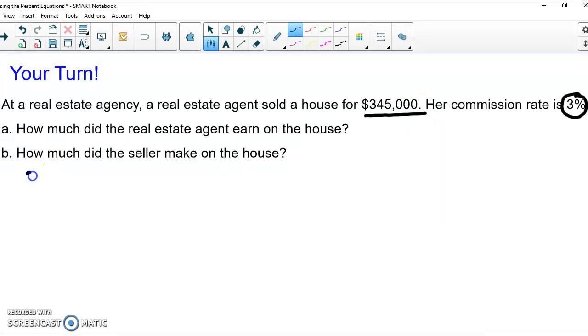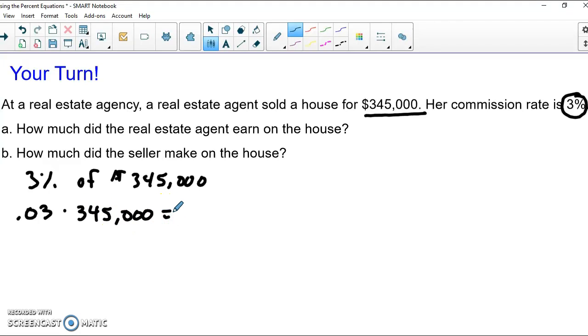So I'm going to start by calculating 3% of $345,000. I start by using my percent equation. I make my percent a decimal, which 3% becomes 0.03. Of means times.